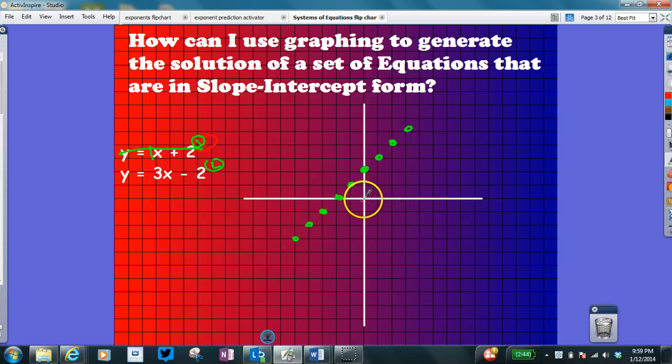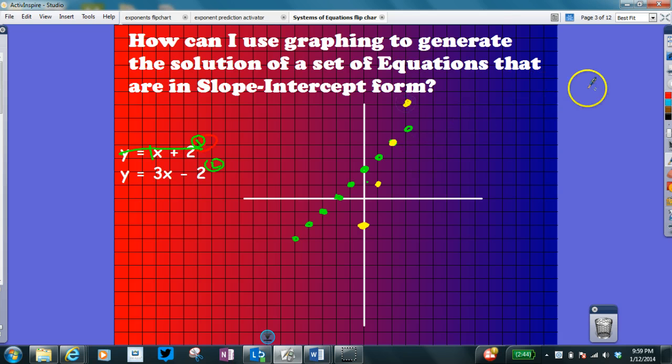So I go back over to my graph, go down to negative 2 here, and I know my slope is 3. That means I have to go up 3, over 1. Up 3, over 1. Up 3, over 1.